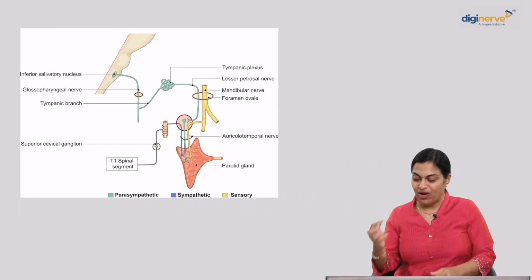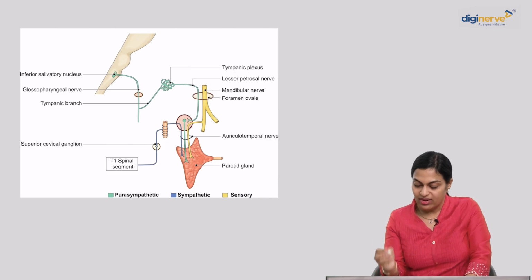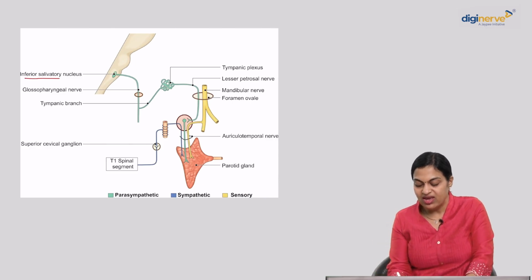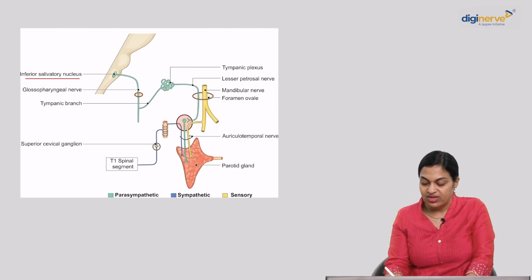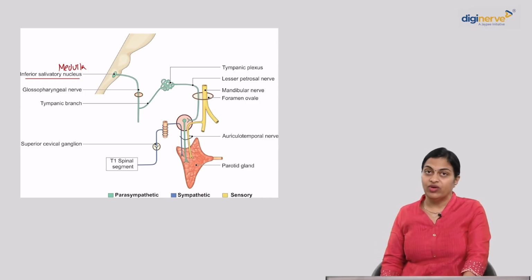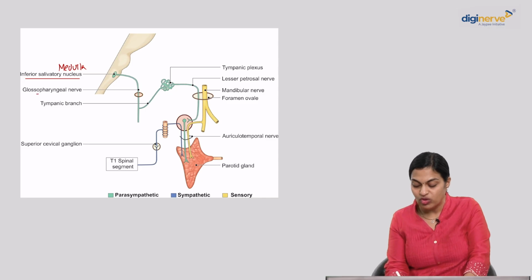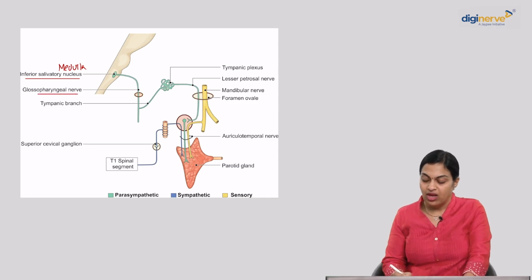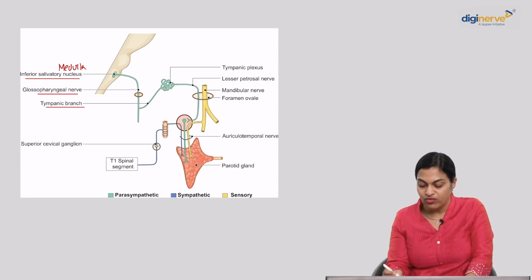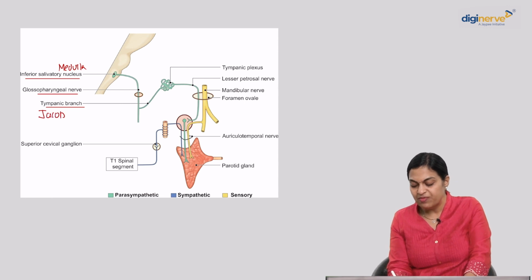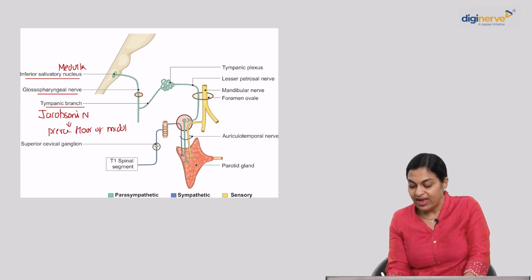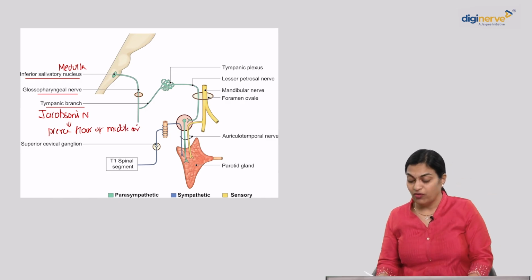Secretomotor pathway of the parotid gland. Yes, it begins in the inferior salivatory nucleus, that is in the medulla. From that, the preganglionic parasympathetic fibers pass through the glossopharyngeal nerve through its tympanic branch, which is also called Jacobson's nerve. This Jacobson's nerve will pierce the floor of the middle ear and enter the medial wall of the middle ear.